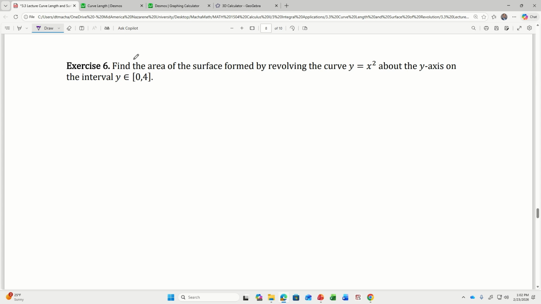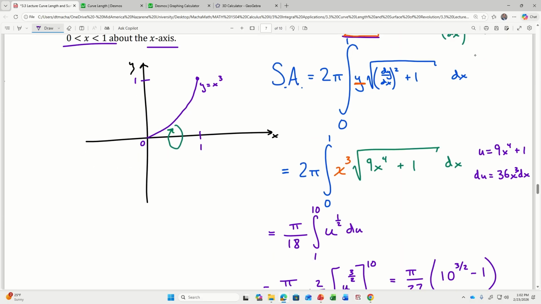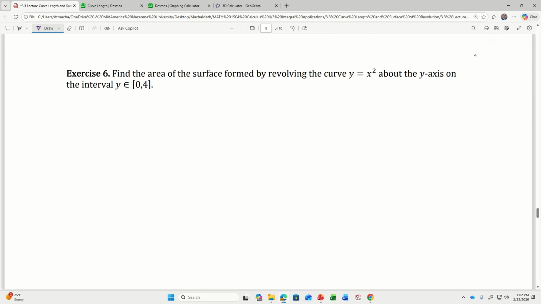Here we go. Find the area of the surface formed by revolving the curve about the y-axis on the interval. So let's draw a picture. Oh, by the way, did you guys have any questions about this last example? Did that make sense? Okay. Let me draw a picture of what we're doing now.